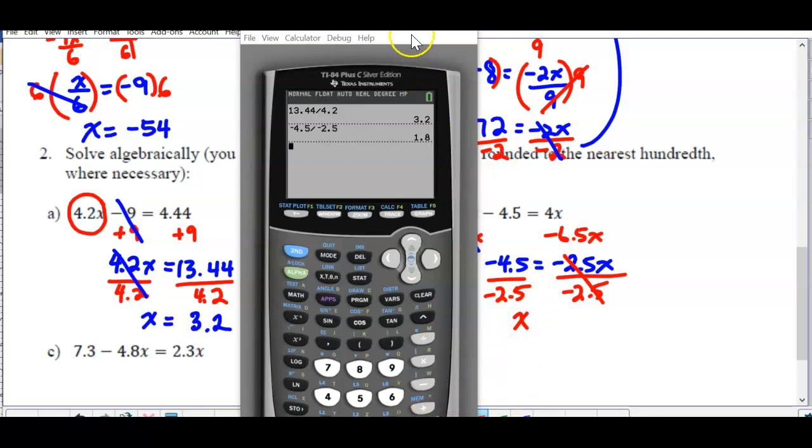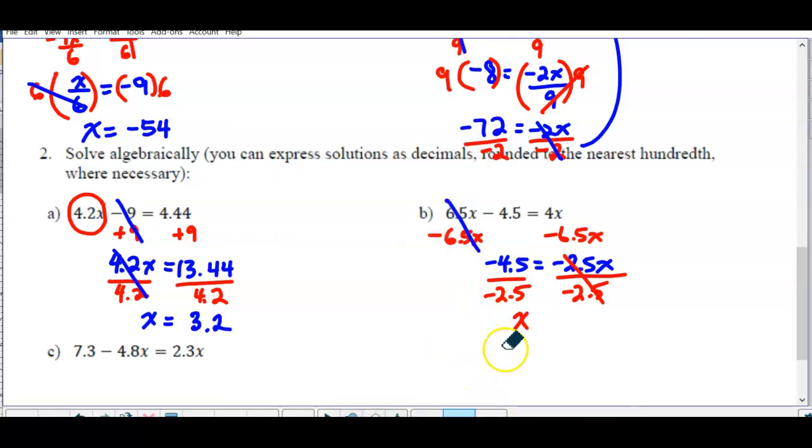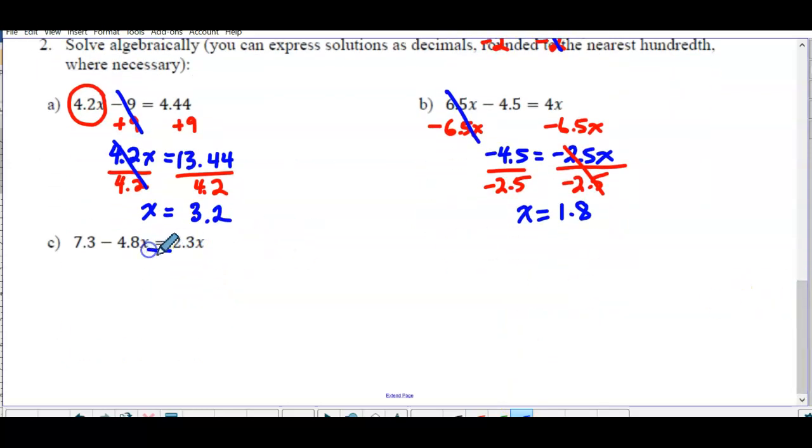So I'm going to do this in blue. x equals 1.8. Okay. Next one, oops. So I've got x terms on both sides. The smallest term is this negative 4.8x.